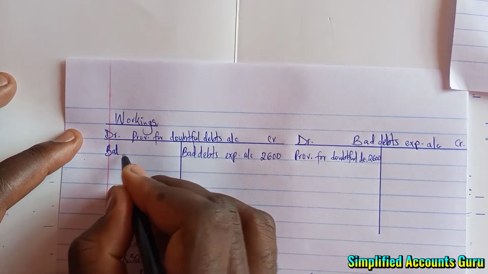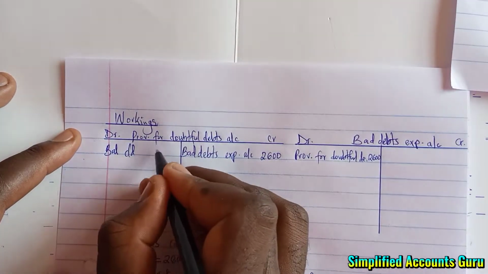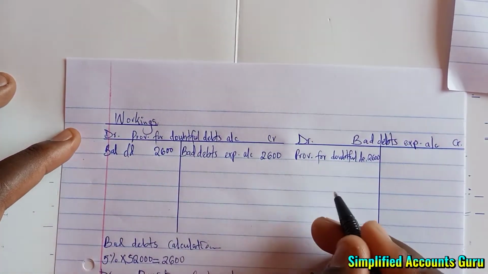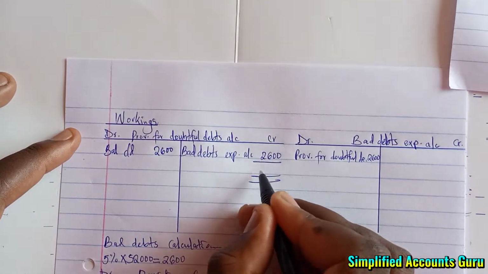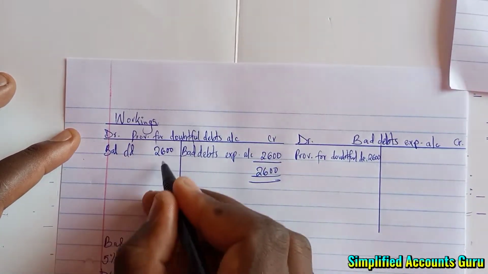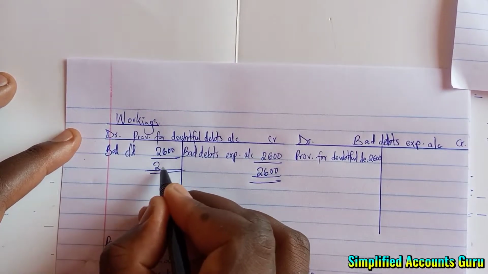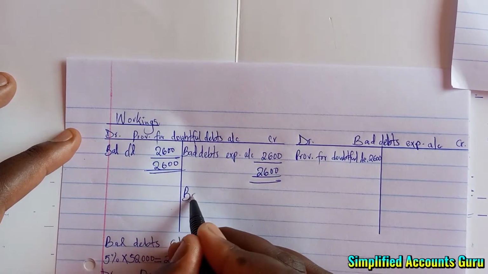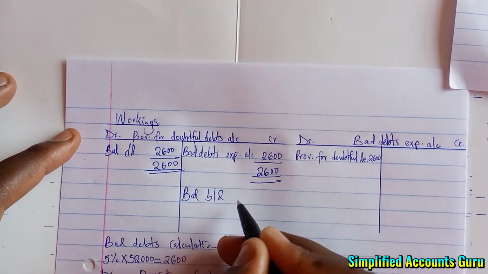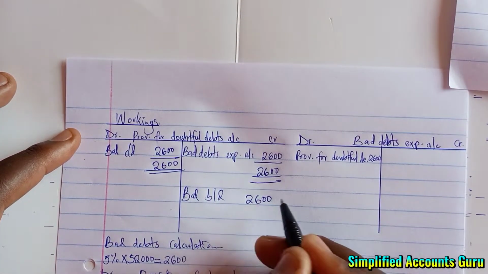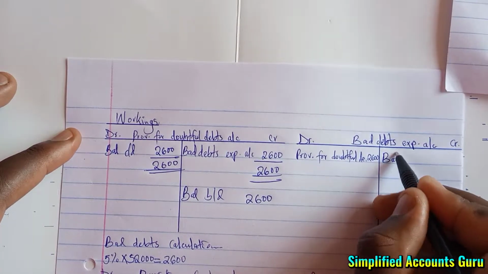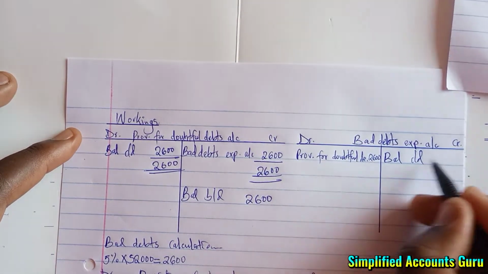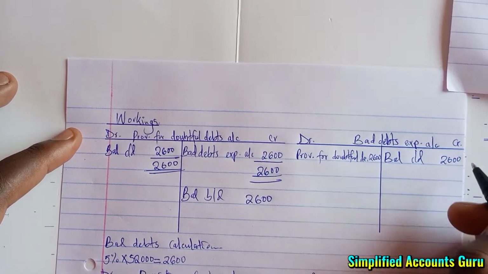Then we also close these ones. Have balance carried down, which is 2,600. Close them at that point, 2,600. And then say here balance brought down at 2,600. Here balance carried down at 2,600.